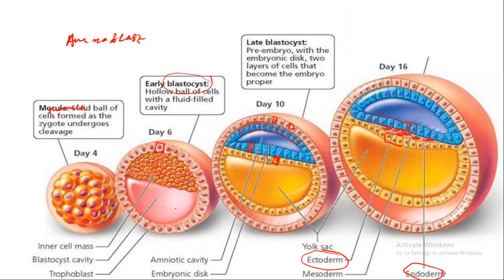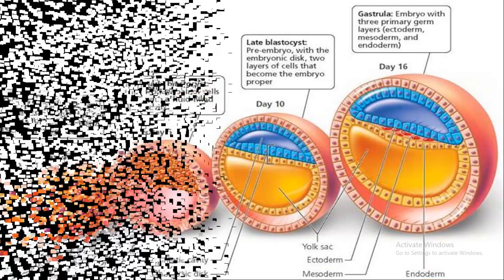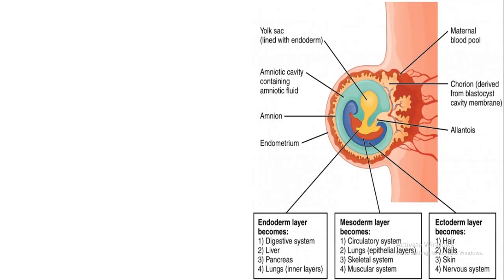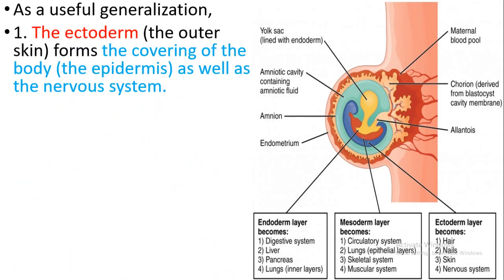So please make sure that you understand this and that you are able to analyze these pictures. The ectoderm is a very important layer of the embryo, such that it will give rise to the covering of the epidermis.